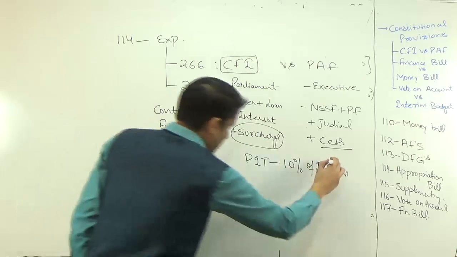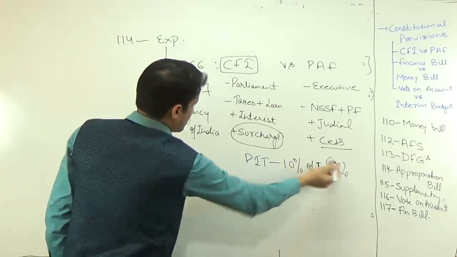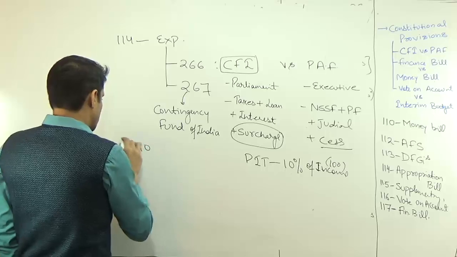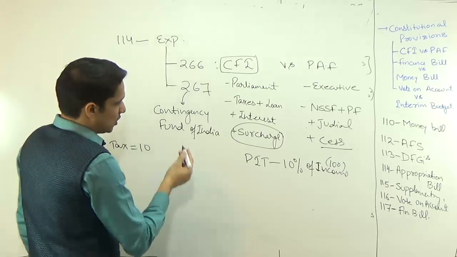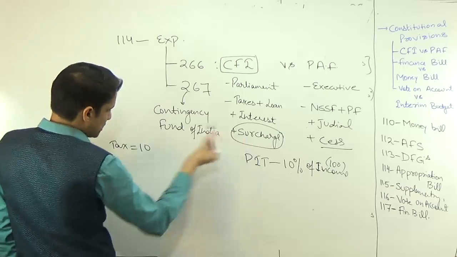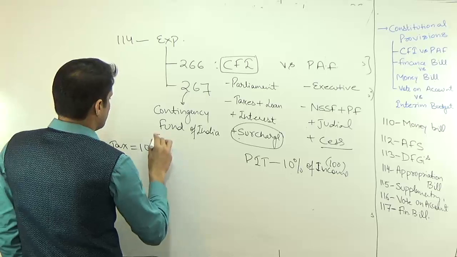Suppose your income is 100 rupees. 10% of 100 is 10 rupees, so your tax liability is 10 rupees, plus on this 10 rupees you have to pay the surcharge. For example, there is a surcharge of 5%.